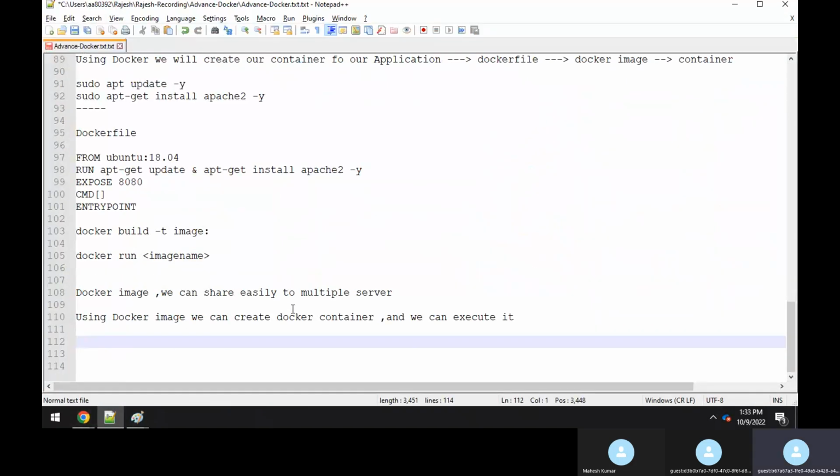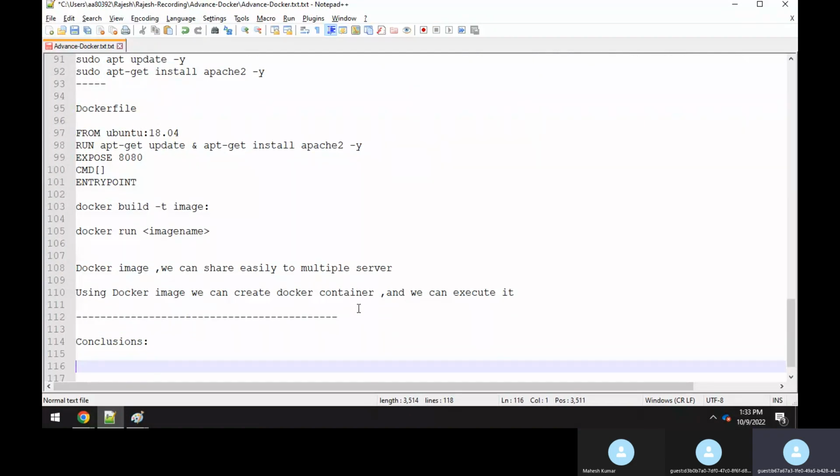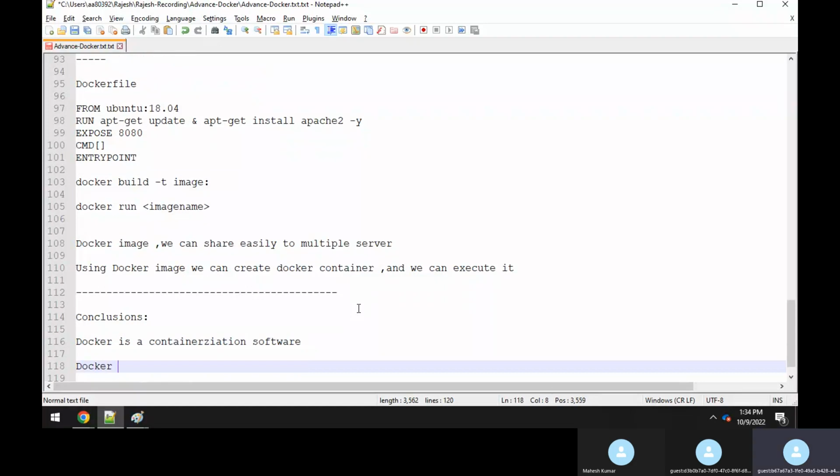Okay, guys. So what is the conclusion finally? I know some of the things are repeated most of the time, but it is good to add a quick recap of whatever we learned, right? So Docker is a container software. This is very clear now. Docker is a containerization software. Docker takes care of the applications and application dependencies for execution.